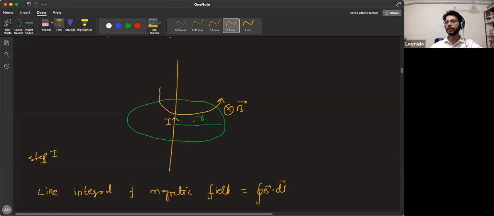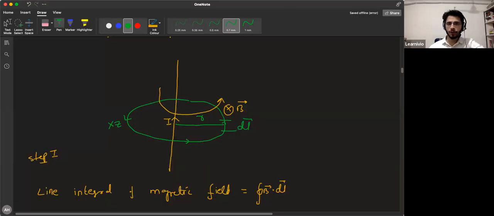Now let's consider the direction of loop also. For loop, we use the same rule. We place thumb in the direction of current. This curvature of finger will give the direction of loop also. If I consider a small element dl here, this loop is placed in this way, and this is the direction of loop.